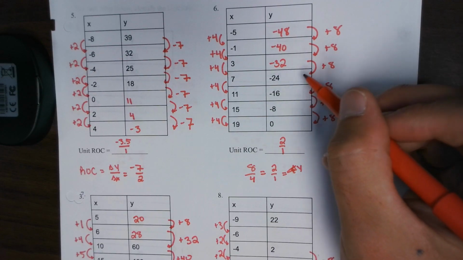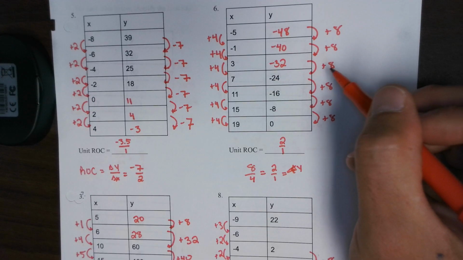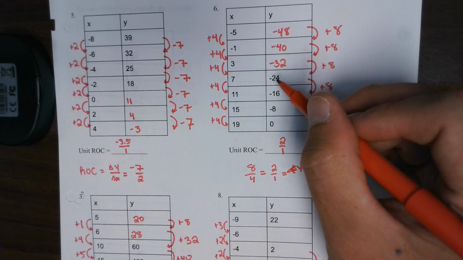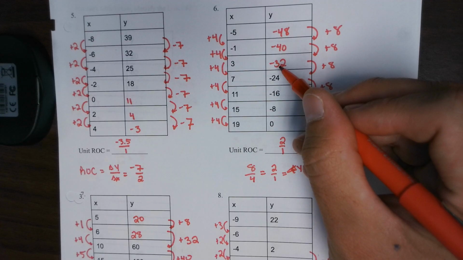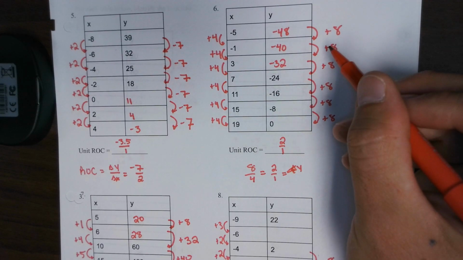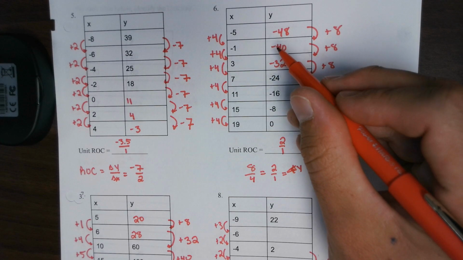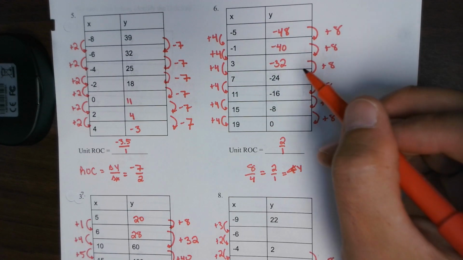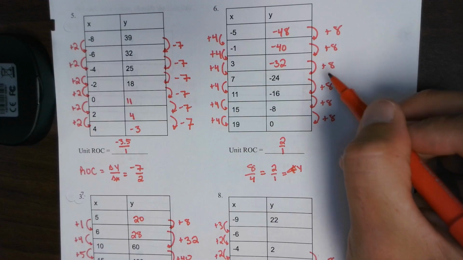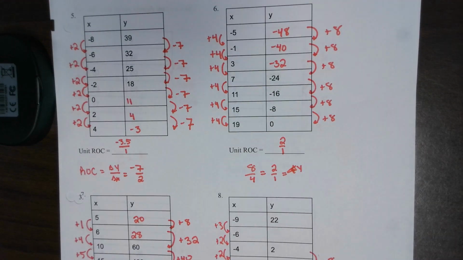So I'm basically undoing the operation I wrote down as my change in y. So negative 24 minus 8, negative 32. Negative 32 minus 8, negative 40. Negative 40 minus 8, negative 48. And so now when we add 8 every time, we get the next output.